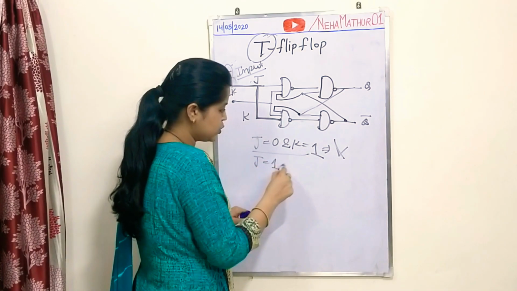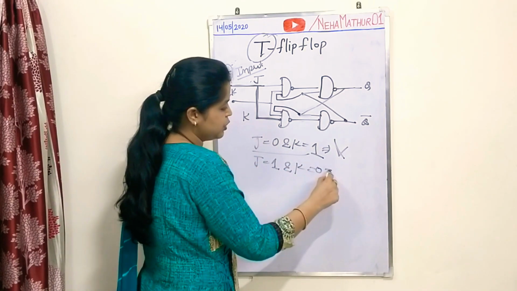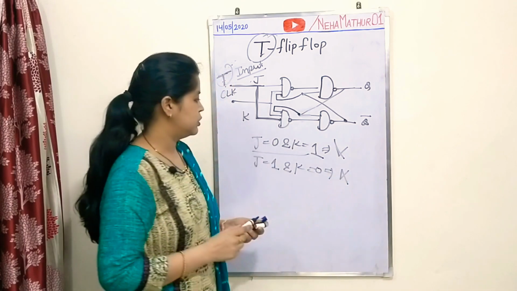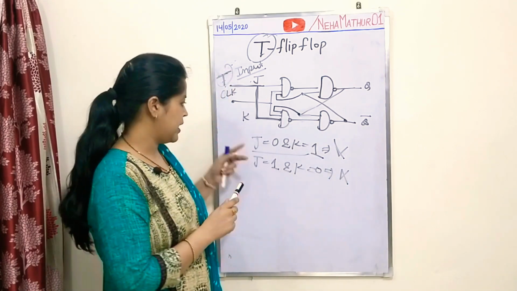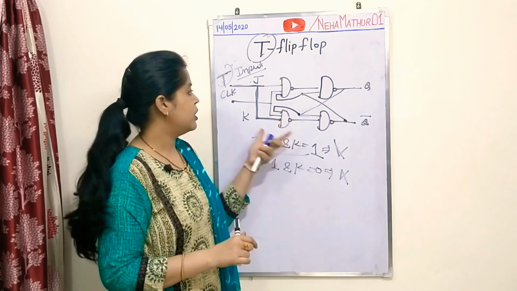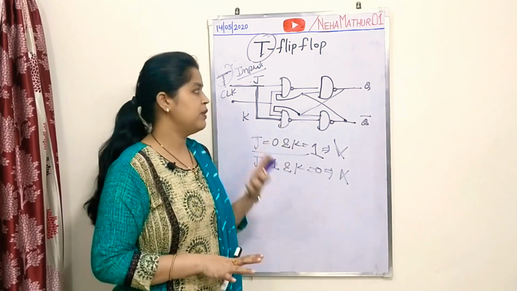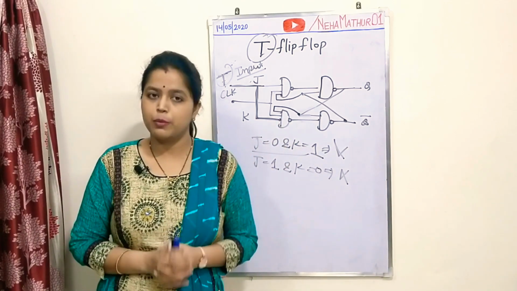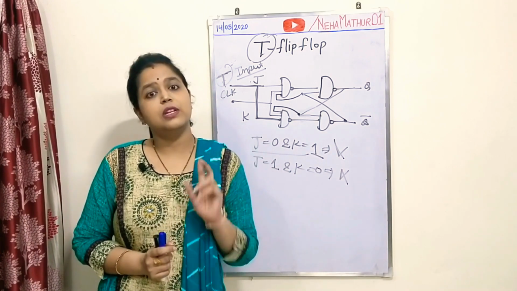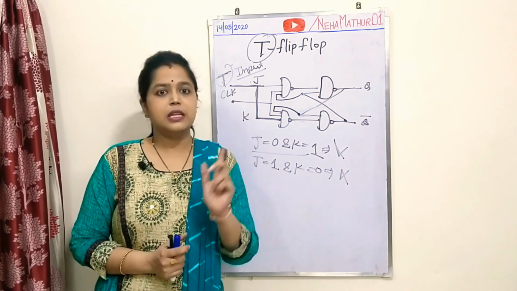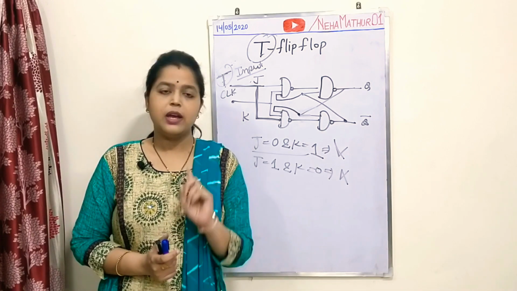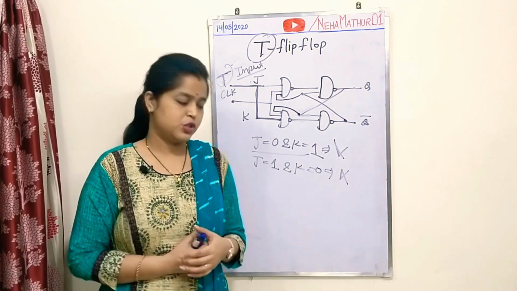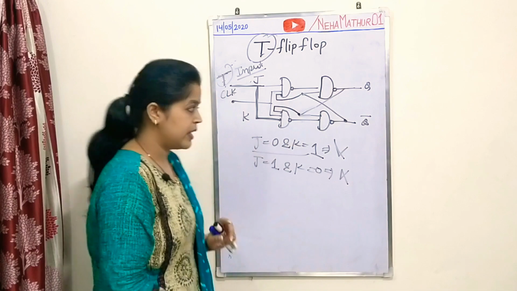Similarly, when J is equal to 1 and K is equal to 0, this will also not appear. So these two cases will never appear for your T flip-flop, and your T flip-flop is only able to perform its operation for the similar values of J and K. That means when J and K both are set at 0 and when J and K both are set at 1. So here we will have only two cases.